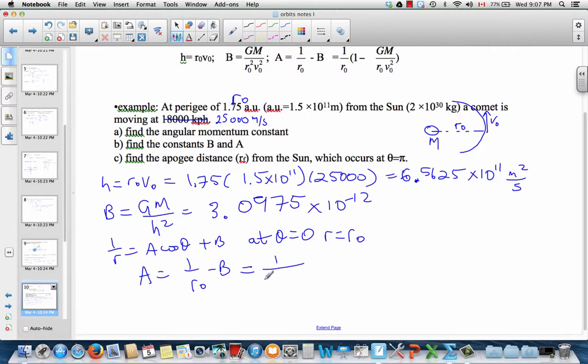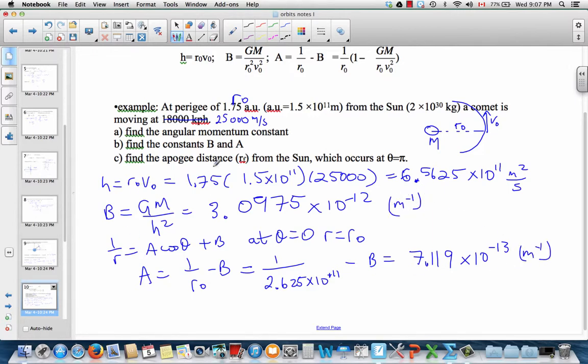That works out to 2.625 times 10 to the positive 11. Then you subtract the B constant, and then you get for the A constant 7.119 times 10 to the minus 13. Now you can see what the units are for A and B here, or you can go through the dimension analysis. They're just reciprocal meters.